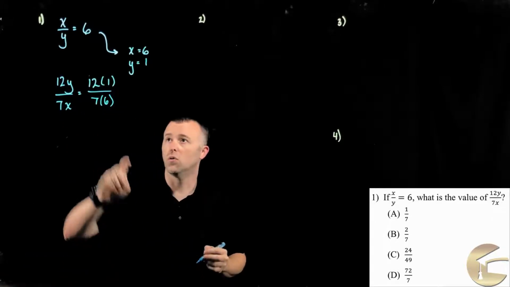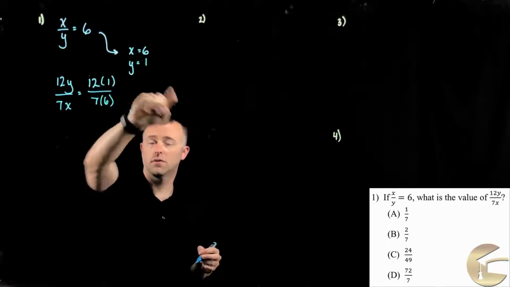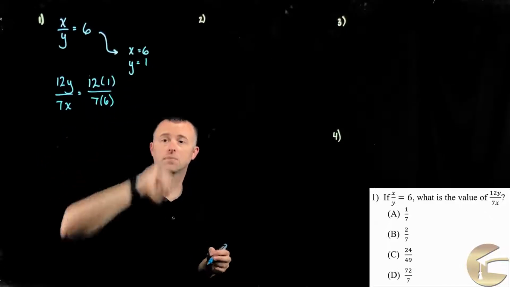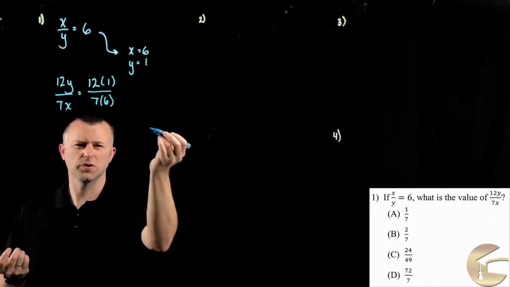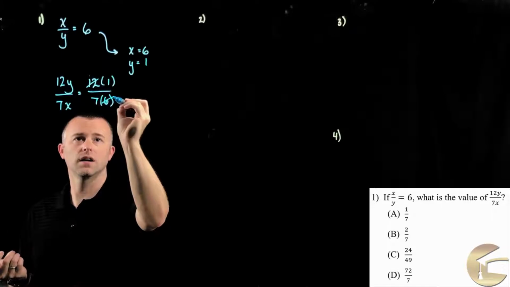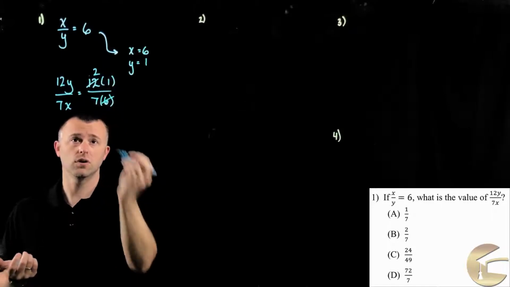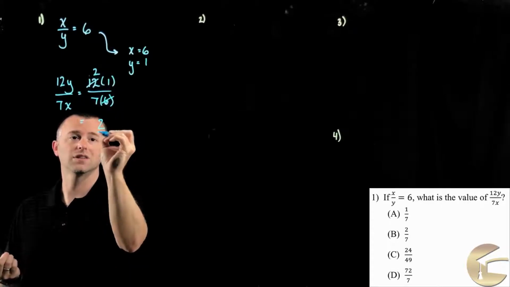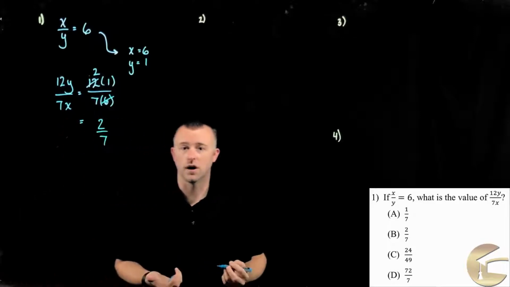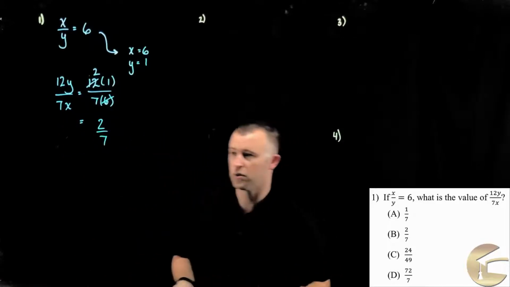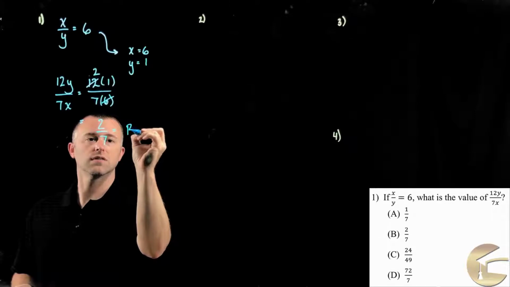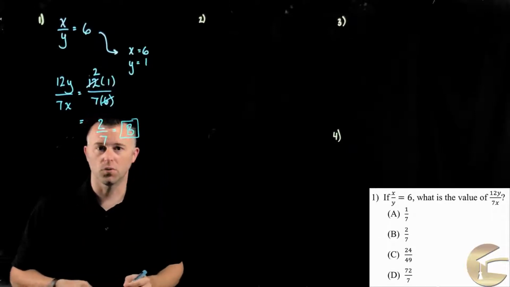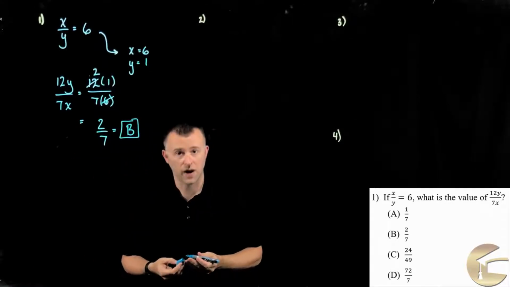I plugged in 1 for y, and x I called 6. Before you multiply, it's a little quicker if you see that these cancel. That gives me 2, so you end up with 2 sevenths. So all you need to do now is look at your answer choices, and answer choice B is 2 sevenths, so that's your answer for number 1. And that's plugging in with fractions.